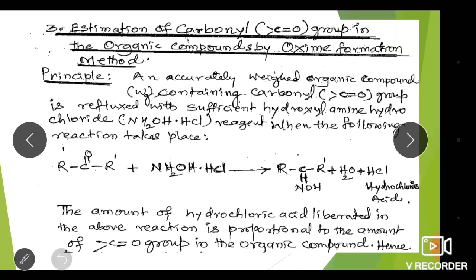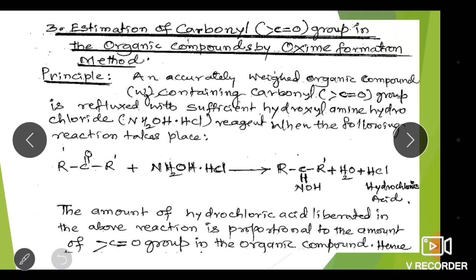Then the following reaction occurs: RC=OR' plus NH2OH·HCl, that is hydroxylamine hydrochloride. This hydroxylamine hydrochloride reacts with the carbonyl group to give side products water and HCl.